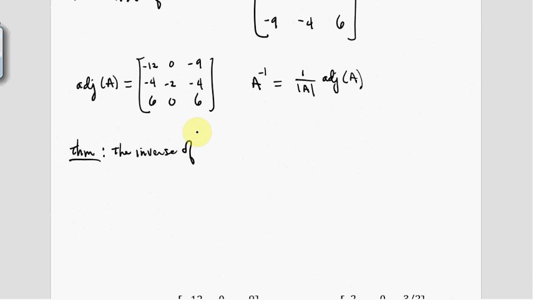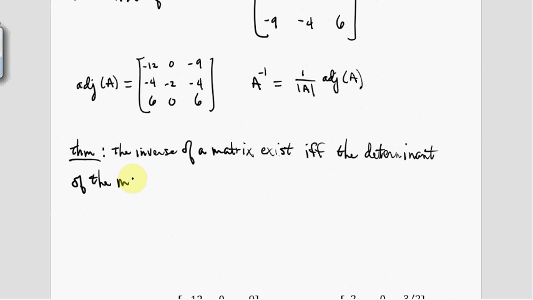The inverse of a matrix exists if and only if the determinant of the matrix is not 0.